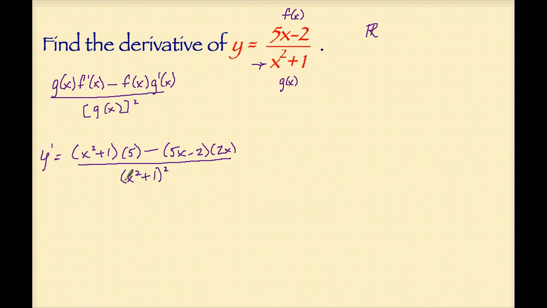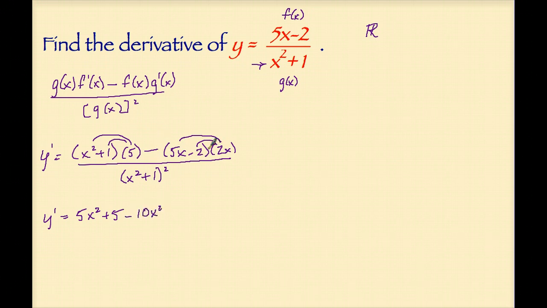You do not need to FOIL this out, just leave it like that. However, let's distribute and clean things up a bit in the numerator. We can distribute the 5 here, and we're going to get 5x squared plus 5. Then think of this as a negative 2x being distributed, so we can deal with the negative and the 2x all in one, and that's going to give us a negative 10x squared.